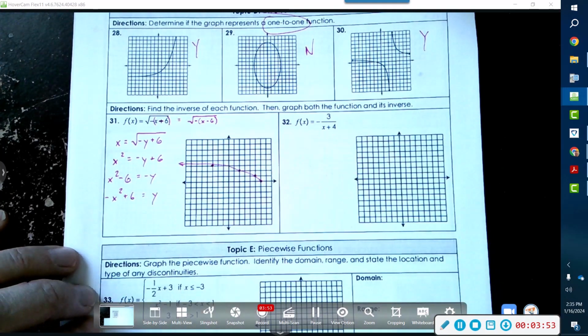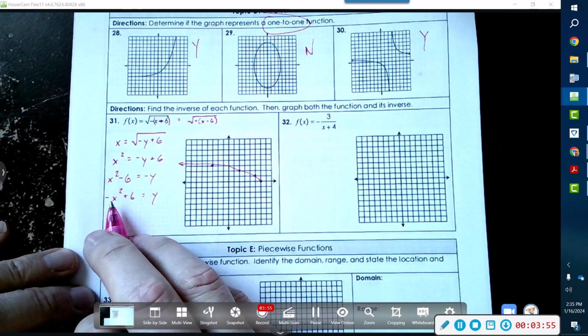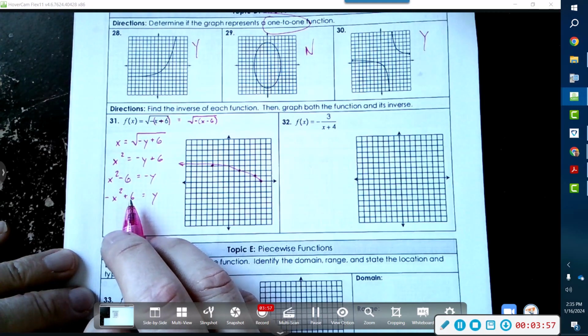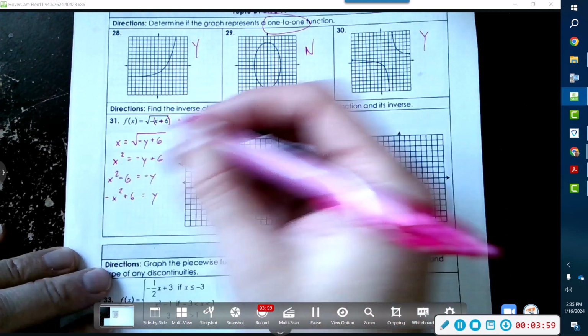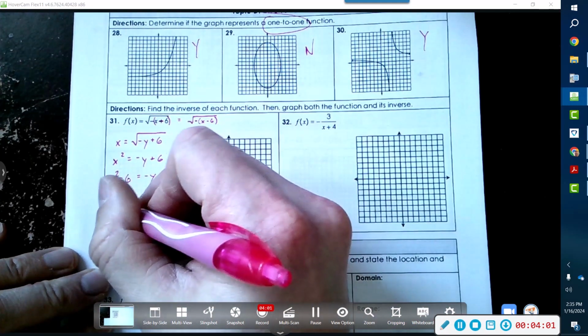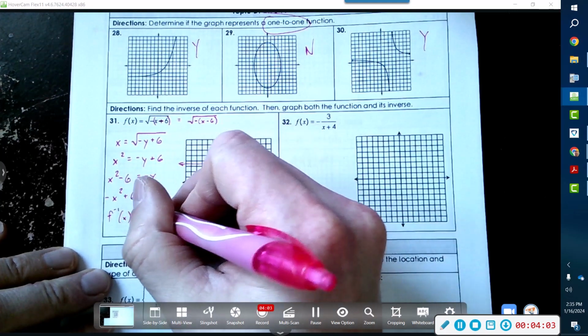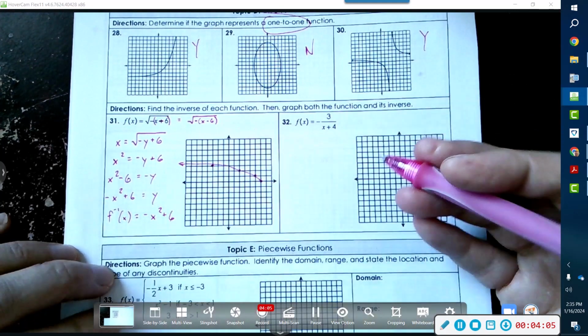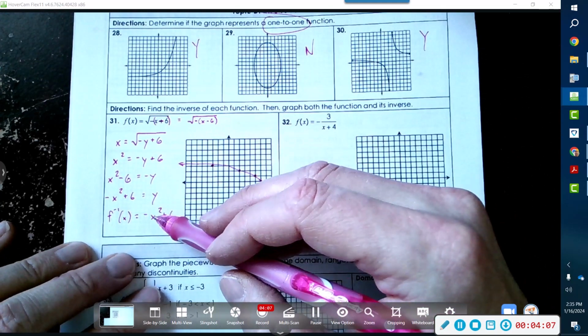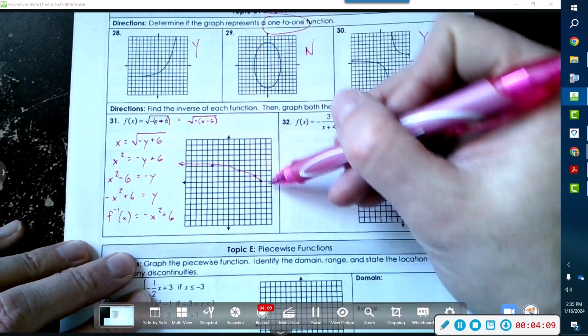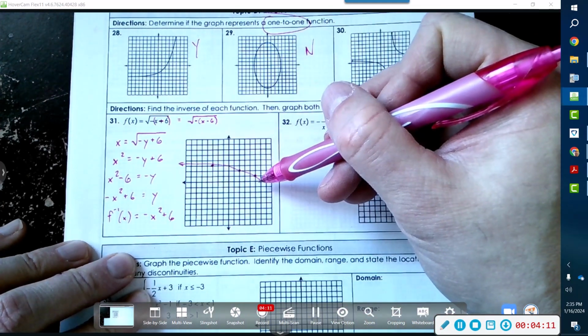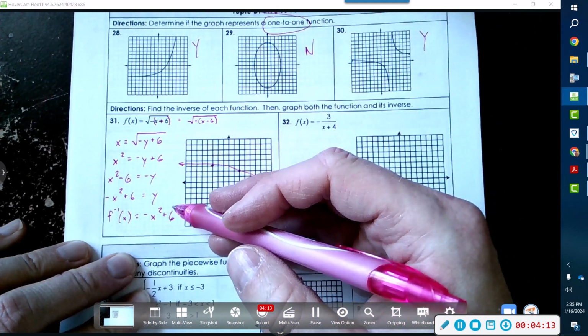But the thing is that when I do this, the inverse, I can only have one of the arms here. I can't have the other arm because he's a quadratic, okay?